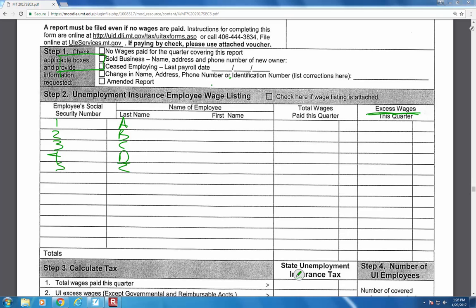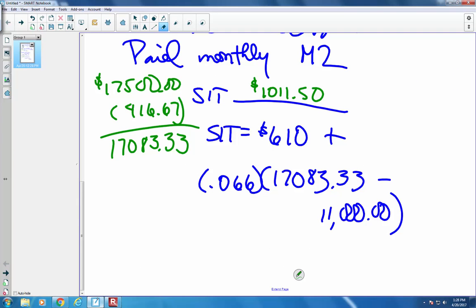That means, and we did this for the name of our company, Globright or whatever: how much of this quarter's wages went over the annual wage base? What's the annual wage base? 31.4. Okay, let's try 4 people.